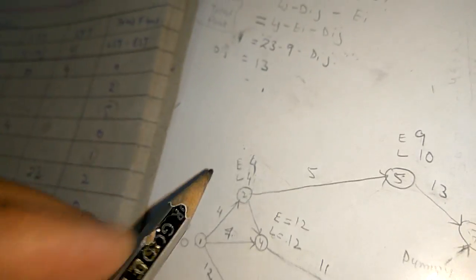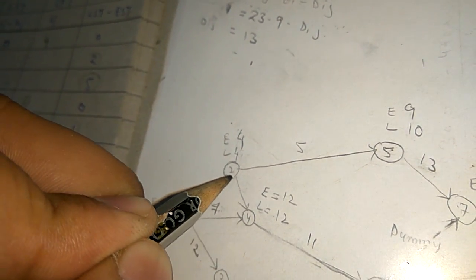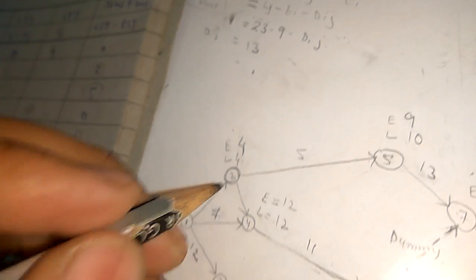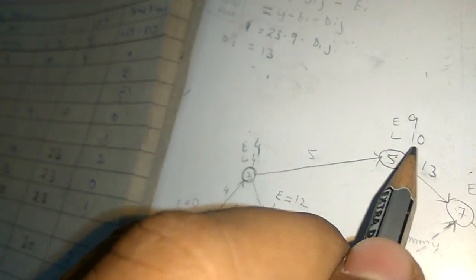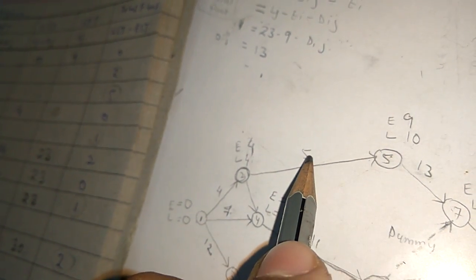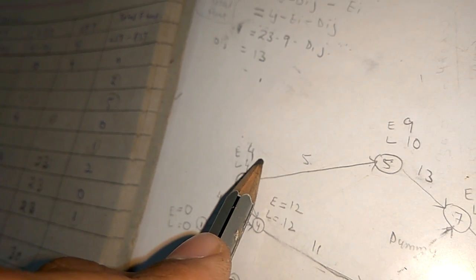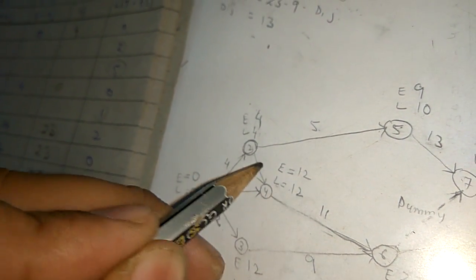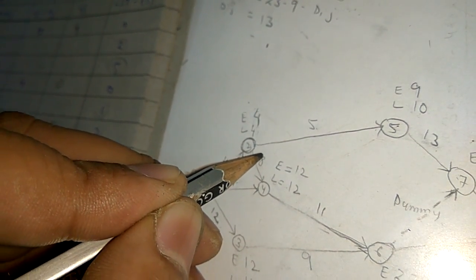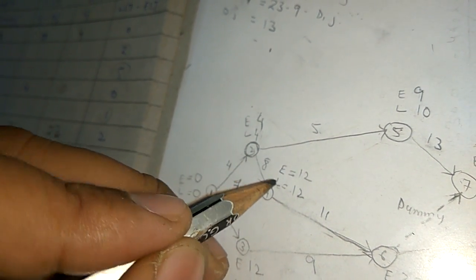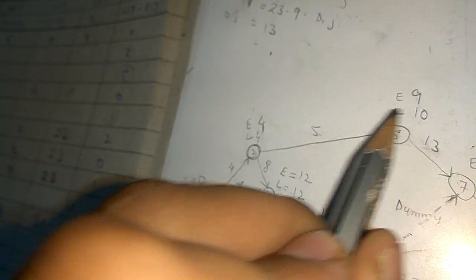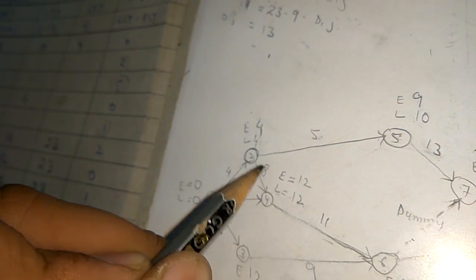Now at this node number 2, there are 2 arrows, the arrow between 2 to 5 and the arrow between 2 to 4. If we subtract 10 minus 5, what will be the value? 5. And if we subtract 12 minus 8, 4.